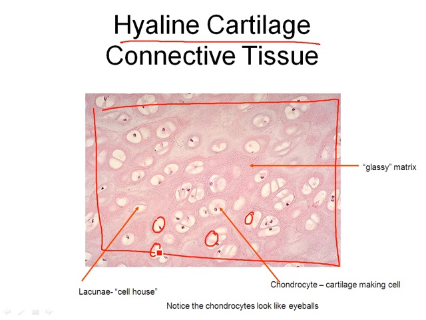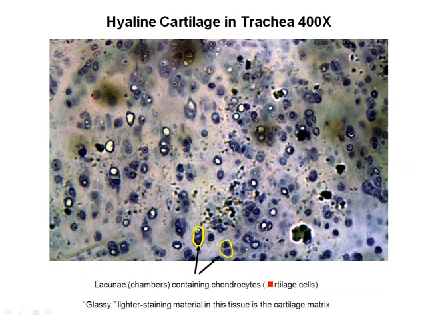These bubbles are called lacunae, and inside each lacuna is a chondrocyte. Chondro means cartilage, cyte means cell. These are called cartilage-making cells. So look for the chondrocyte, look for the lacuna, and you have hyaline cartilage. Here's another picture with a different staining. It just shows you that you may see it pink, or you may see this glassy blue color.